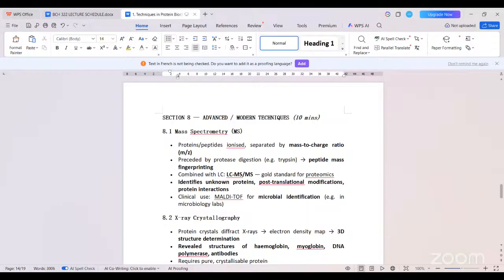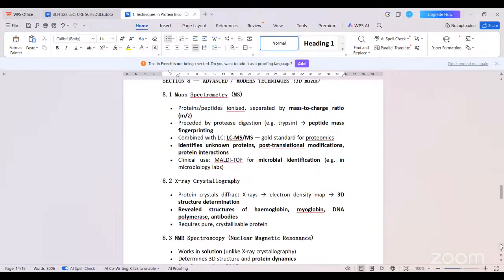And clinically, this method is used for microbial identification, if there's an investigation on a type of disease or invasion into the body biological system.